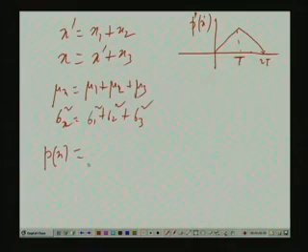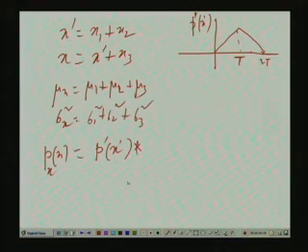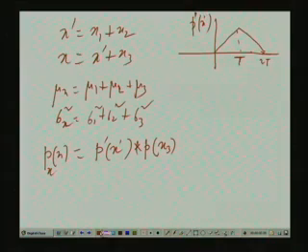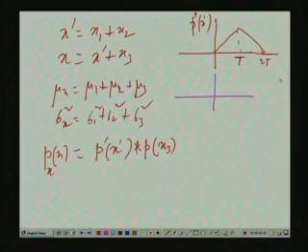P x is nothing but P prime of x prime, where P prime is of this form, convolved with P x3, where P x3 is just the uniform density which we have seen earlier. How does it look like? So, you have to convolve here. P x3 is uniform. So, to convolve we have to first reverse it as before.